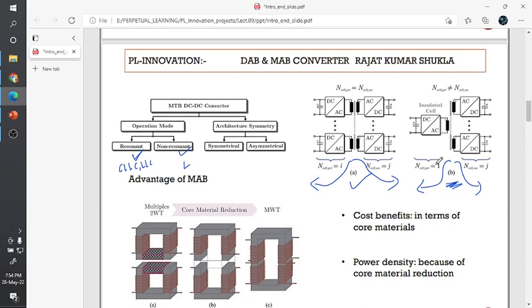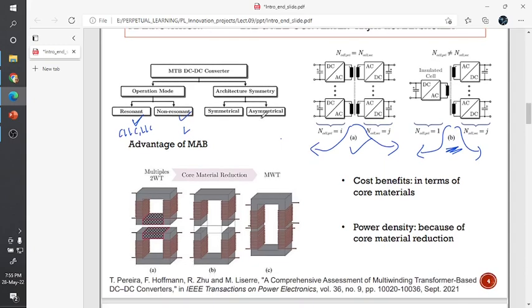Okay, the advantage of the multi-active bridge converter in terms of core material savings, or core material reduction, is shown in the bottom figure. In figure A, you can see the two dielectric bridge converter configuration with a core type transformer, and this is the material you can save using the multi-active bridge converter.